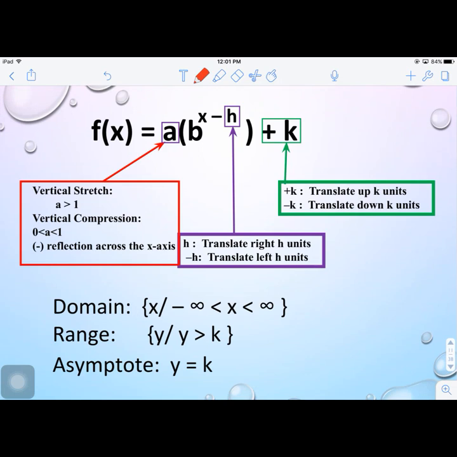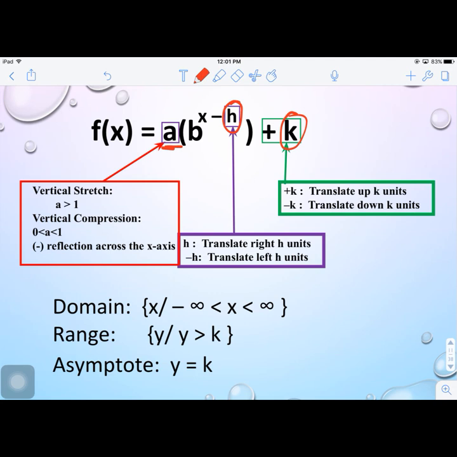Now let's take a look at this important formula. This formula is going to drive the lesson for the next few lessons, because this is the basic function for an exponential function. The first number here in front, as you know, will be a vertical stretch, h will be the units to the left or to the right, and k is the up-down translation, and those are the components.